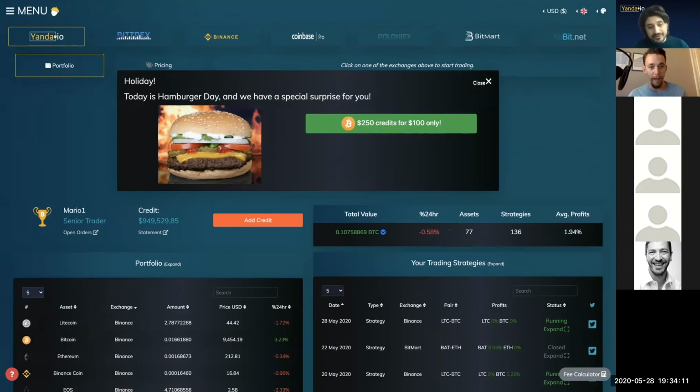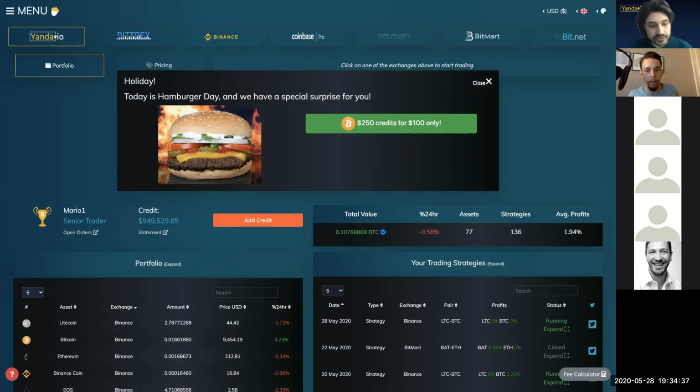So today's Hamburger Day. Nice. So today, $250 worth of credit is just $100. So if you buy $100, you get 250. But just on the credits, how can you work out how much that would pay for in trading automation fees? So you need 2 times 5.